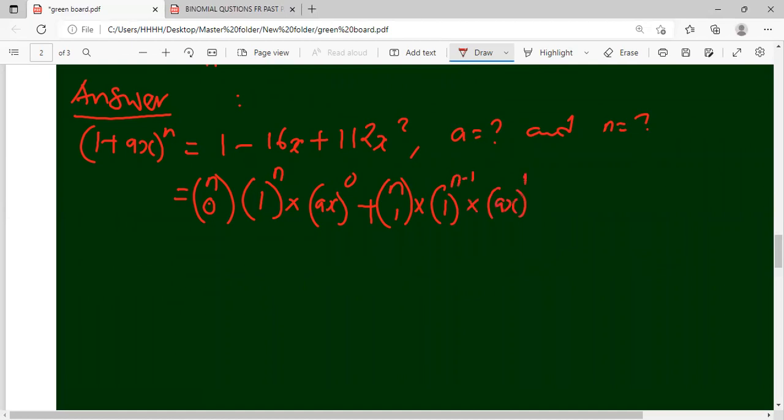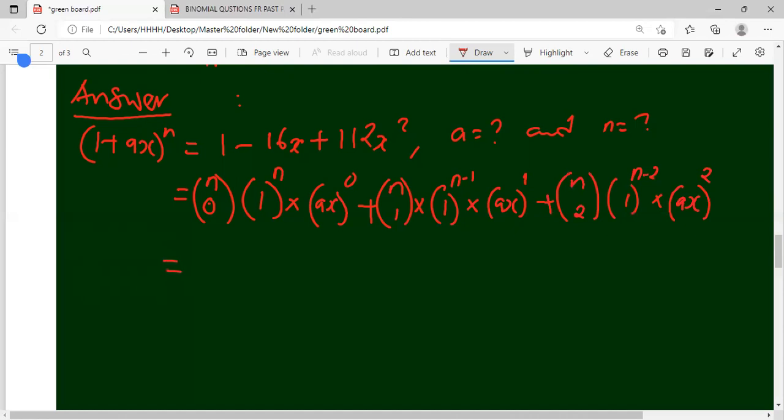So the powers of x will be ascending. Then plus n choose 2 by our first term 1 to the power n minus 2, it will reduce now by 2, by ax to the power 2. Because here the highest power of the terms that we have is 2, we can end there.